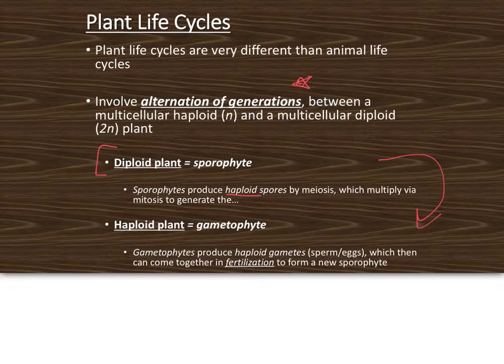So not come together, right? Each spore itself can become a haploid gametophyte. And that haploid gametophyte will produce gametes, just like you and me, eggs and sperm, which can come together in fertilization to form a new sporophyte. And we start the cycle over again.